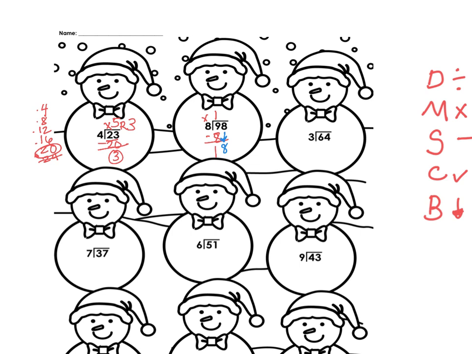Well, I could start counting on the side here. 8, 16. Oh, next one would be too big. So it only goes in 2 times, and then I subtract my 16, and I get 2. So my final answer is 12 remainder 2.